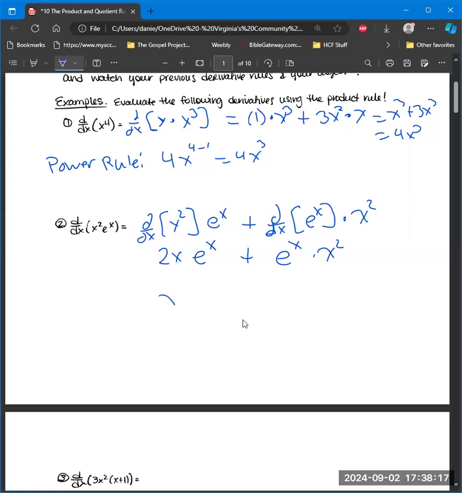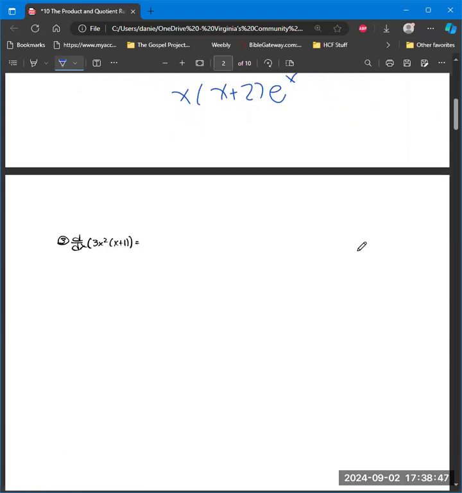So this is x squared plus 2x times e to the x, or e to the x times x squared plus 2x. If you prefer, you can leave it all factored out or all expanded out, but I like to factor my answers. You'll see why later on, because usually we're interested in where these derivatives are equal to 0. So it's easier to answer that question once they are in factored form.